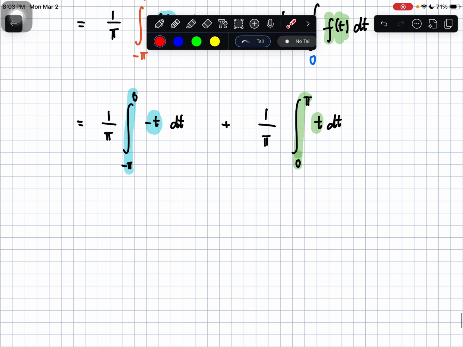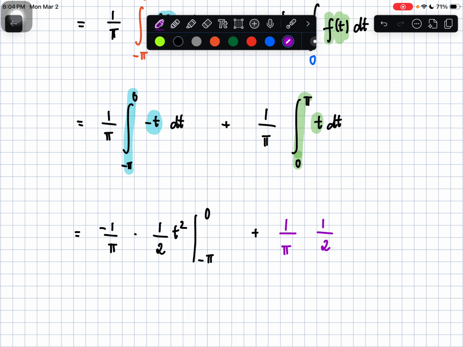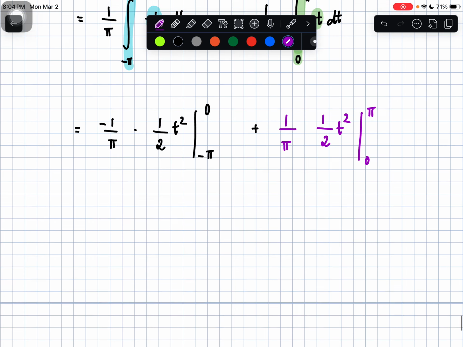Now we compute the integrals. Minus 1 over pi times the antiderivative of t, which is 1 over 2 t squared, evaluated from minus pi to 0. That is the first term. Second term, 1 over pi, 1 over 2 t squared, with t from 0 to pi.